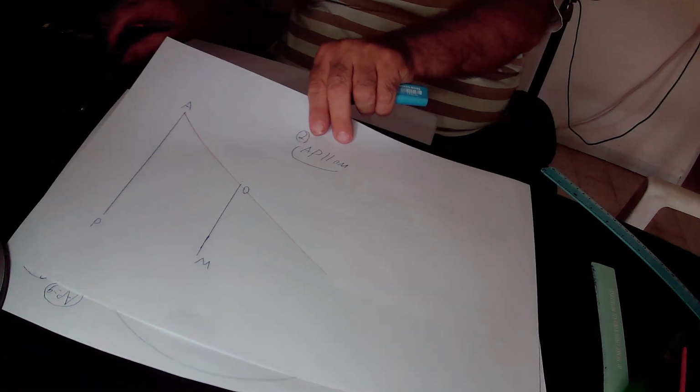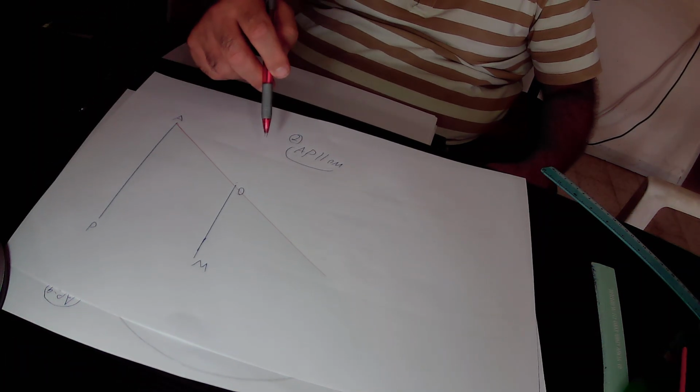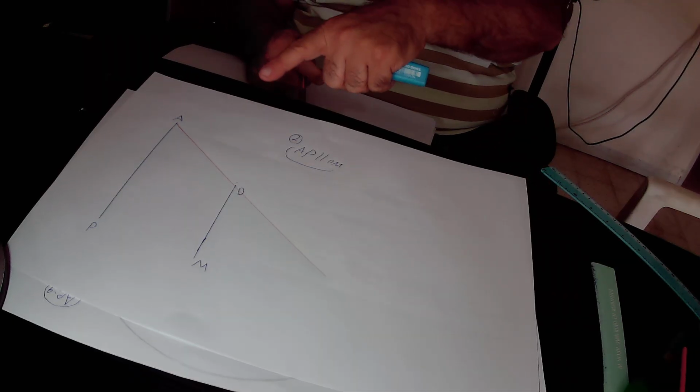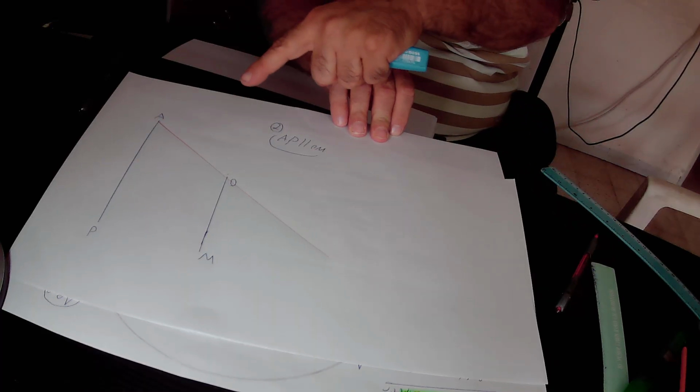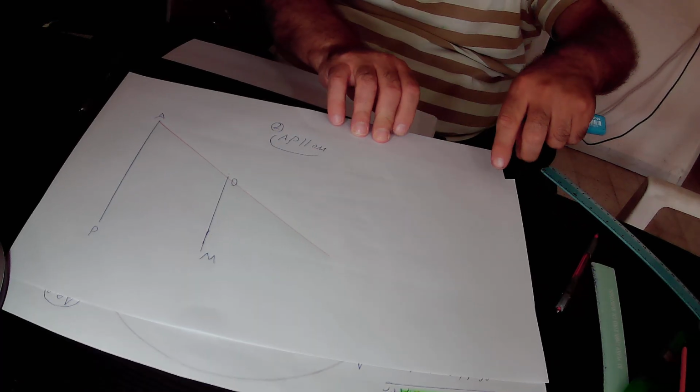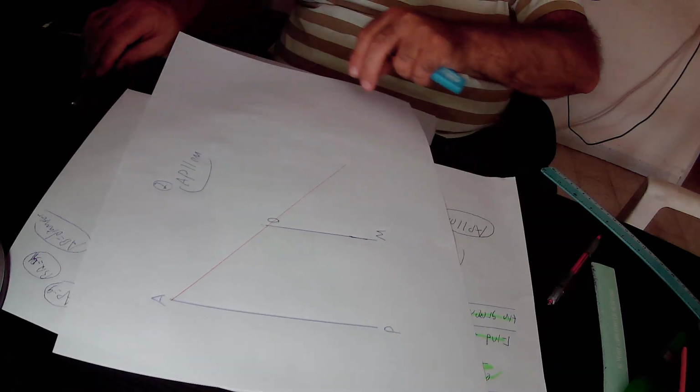So if we copy the two parallel lines AP and OM, this is the radius AOB that cuts the two parallel lines AP and OM.